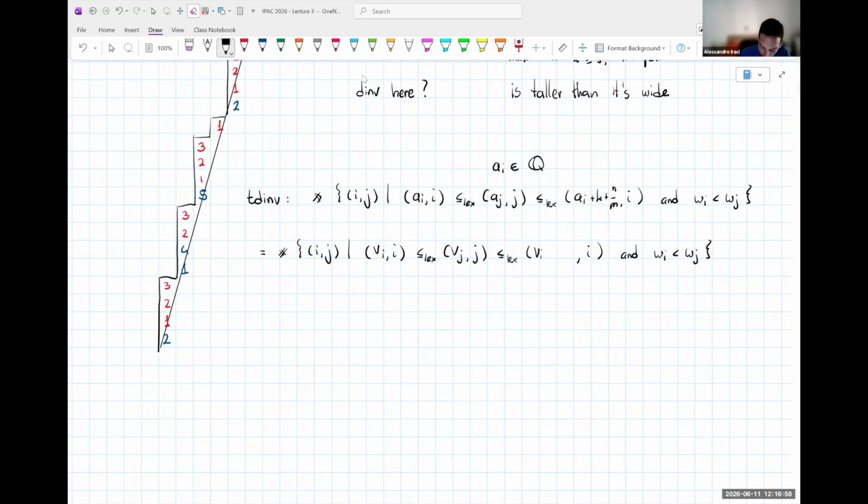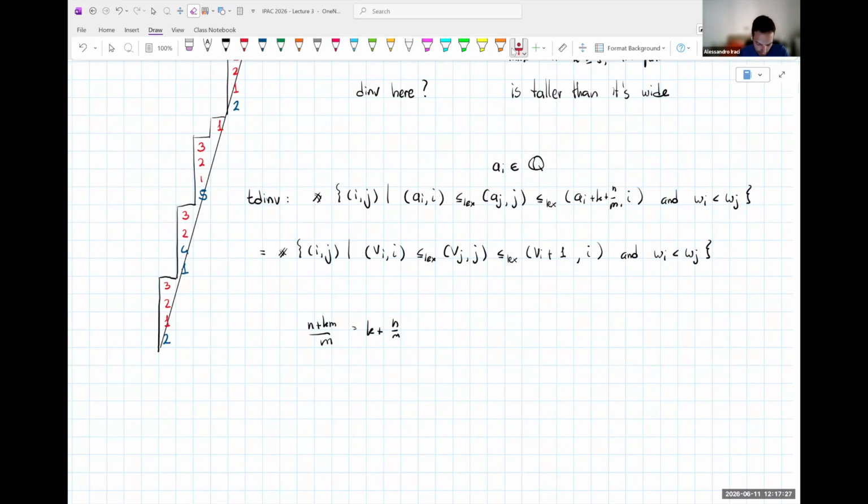Well, I mean it's n plus km over m, which is k plus n over m. And by definition of slope, the horizontal distance increases by that number if the vertical distance increases by 1.